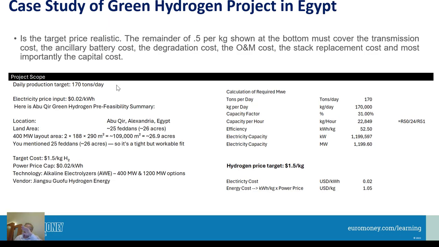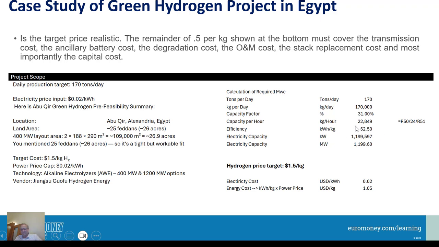And then my friend said, we need to make hydrogen at 1.5 US$ per kilogram. And they said, okay, we're going to get electricity from solar power at 2 cents. Our electrolyzer is going to have an efficiency where we take the kilowatt hours divided by the kilograms.